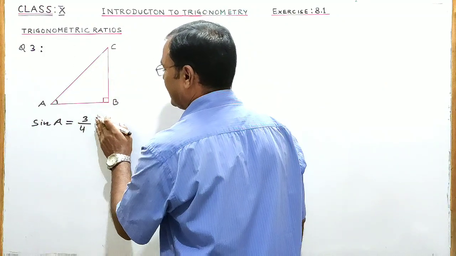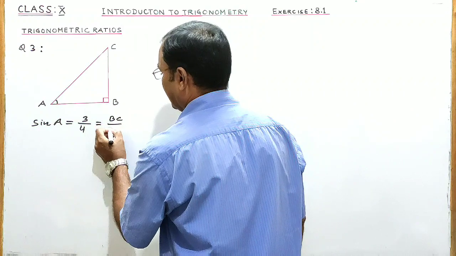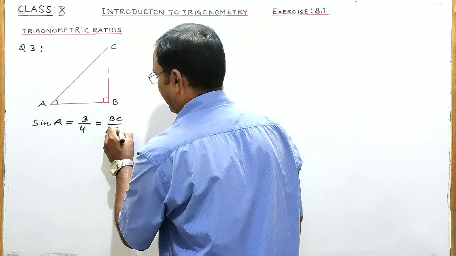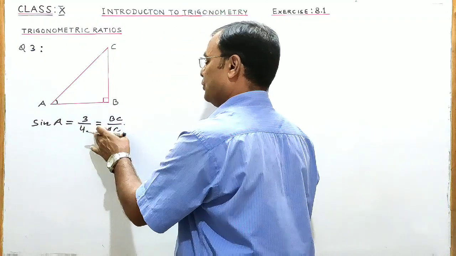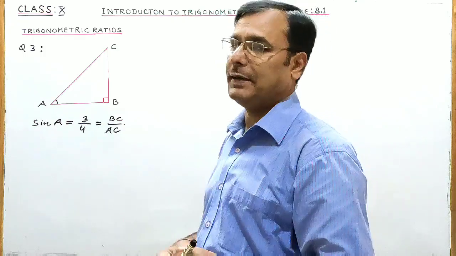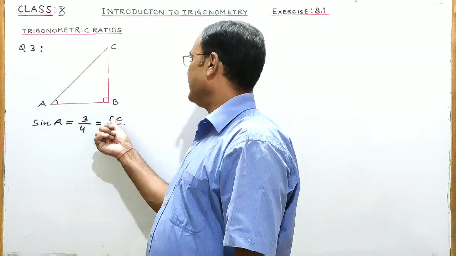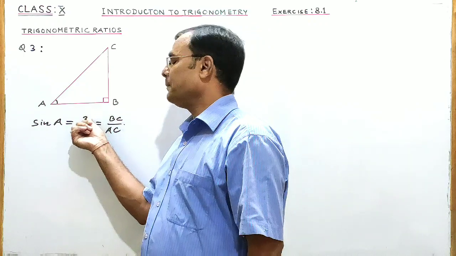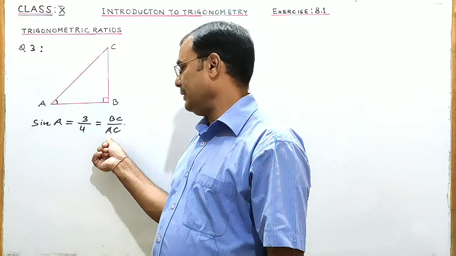So we can write 3 by 4 equal to BC by AC. So sin A, which is already given, equal to 3 by 4, and by definition we have written equal to BC by AC.